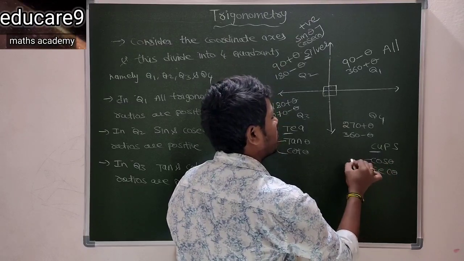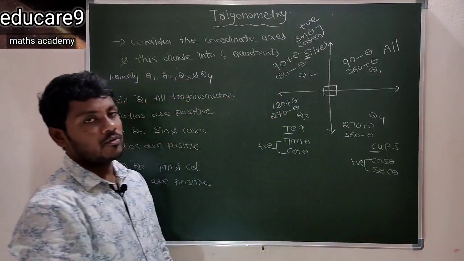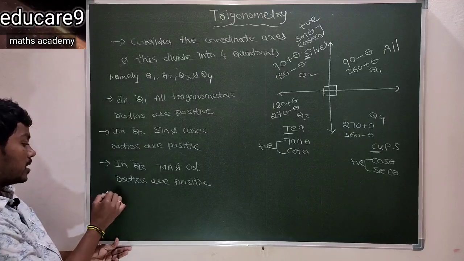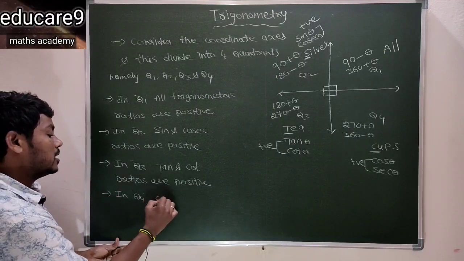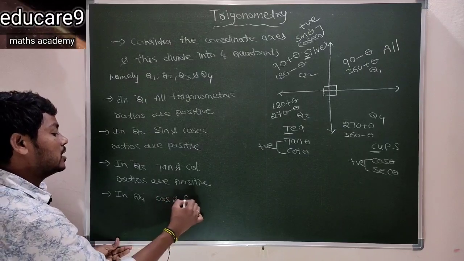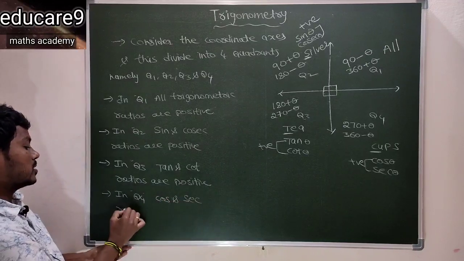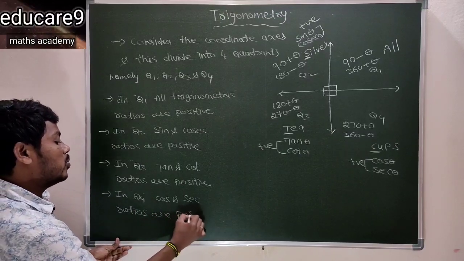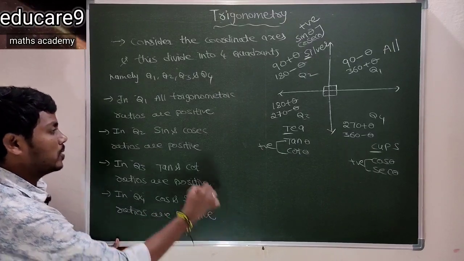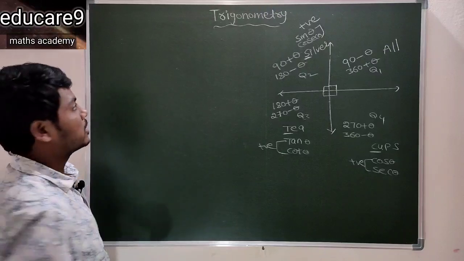So these two are positive in the fourth quadrant. See here, in the fourth quadrant cos and sec ratios are positive.